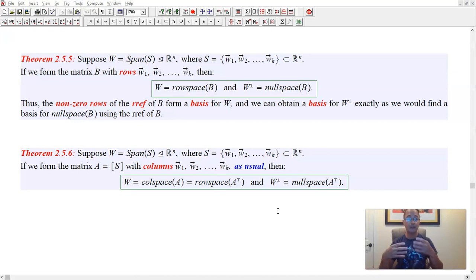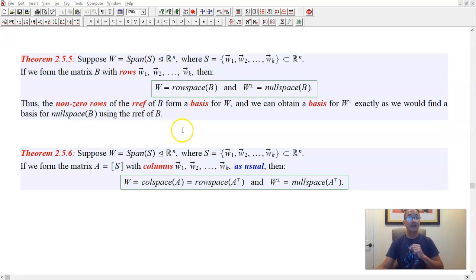We found a basis for the null space of that matrix. But as a bonus, remember that a basis for W is also the non-zero rows of the REF. So even though we didn't do that for our last example, we're going to do it for our next one.